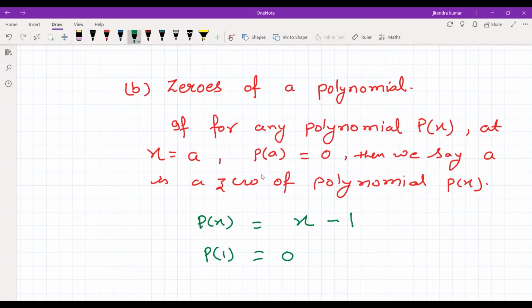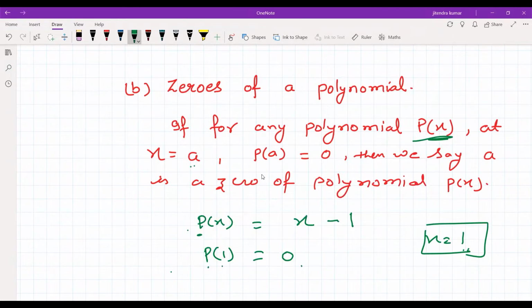If for any polynomial p(x), at some x is equal to a, so here x is 1, at x is equal to 1 we are talking about. So a can be any value, like here the value of a is 1 in this case. And a is such that it makes p(x) 0, just like p(1) is 0 here.